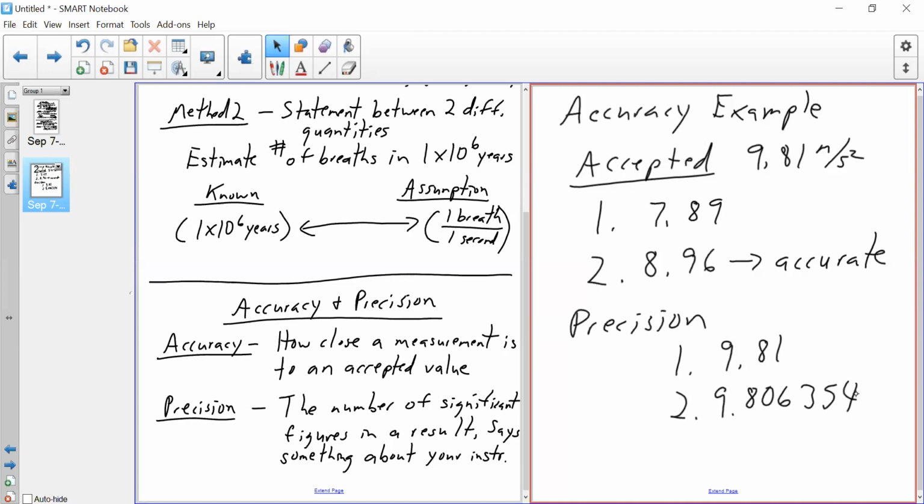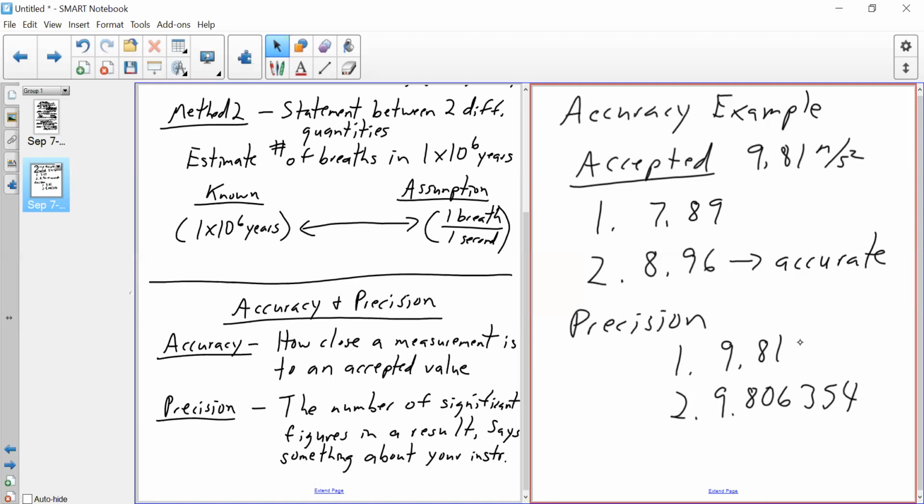You can't get any closer than that. It's a bullseye. The second student group is slightly less accurate, but pretty good, and more precise than the first, because we know that precision deals with the number of sig figs. The second one has 7 sig figs. We count the leading digit and everything after the decimal. If it was a 0, we only count everything after the decimal. That would be the most precise, the second group.